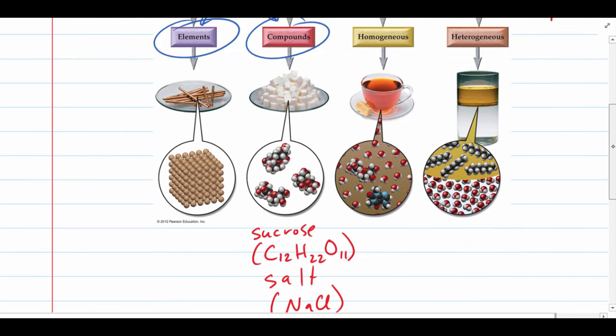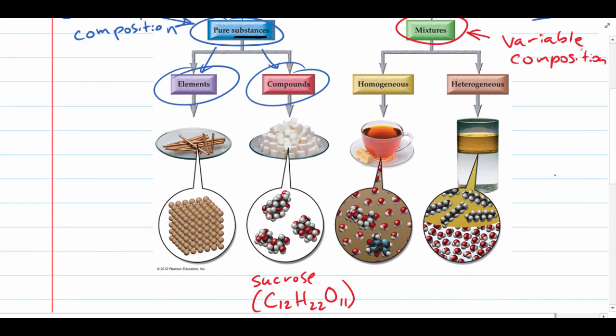Then we have mixtures over here. We have homogeneous mixtures and heterogeneous mixtures. These prefixes, homo and hetero, stand for alike and different. A homogeneous mixture is alike all the way through.